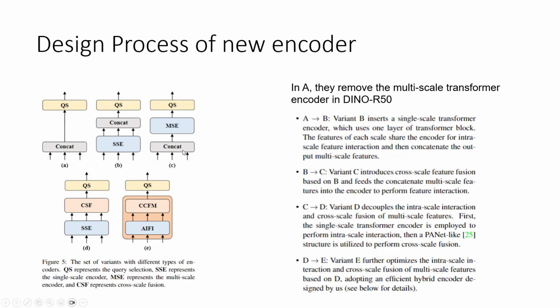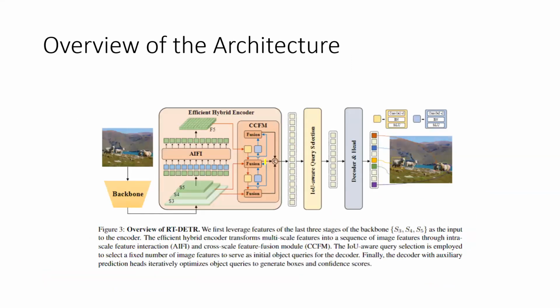For the third proposal, they took a multi-scale encoder, where they took features from all the backbone layers. In the backbone they have S3, S4, S5, three layers of different scales.